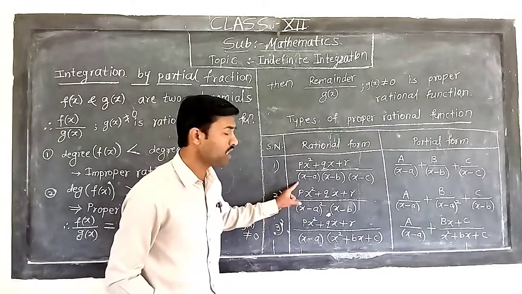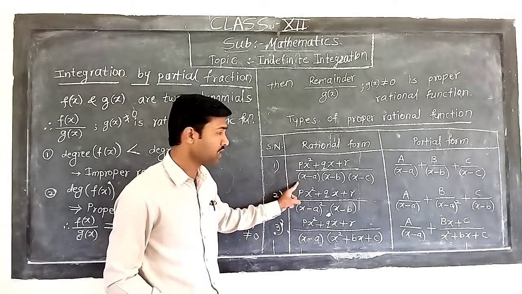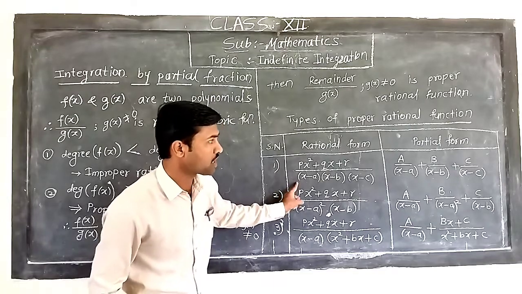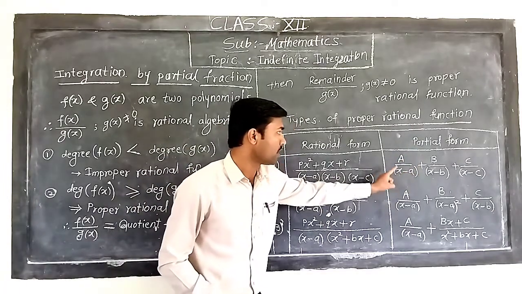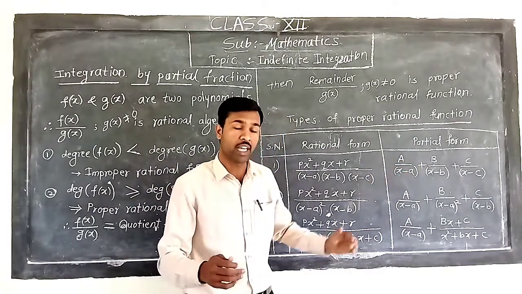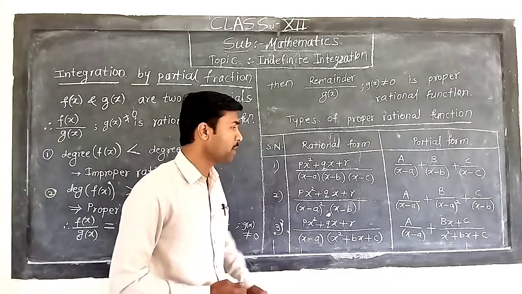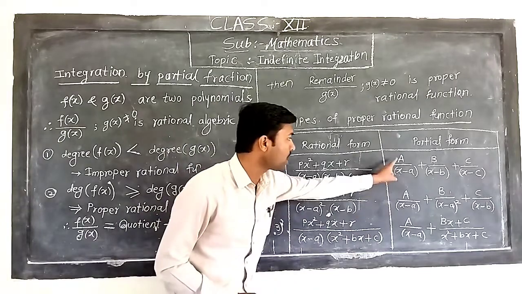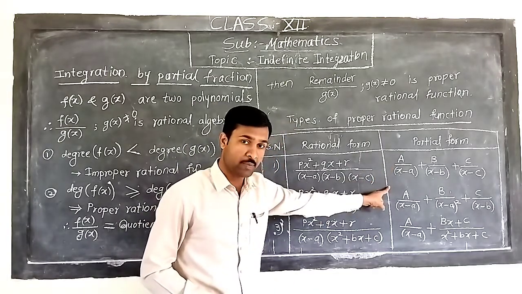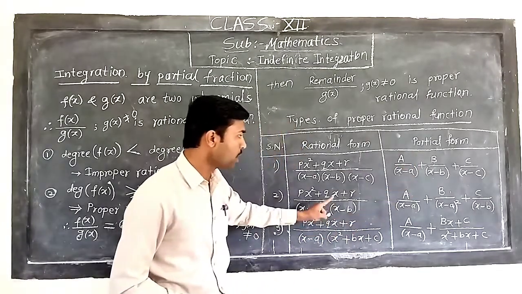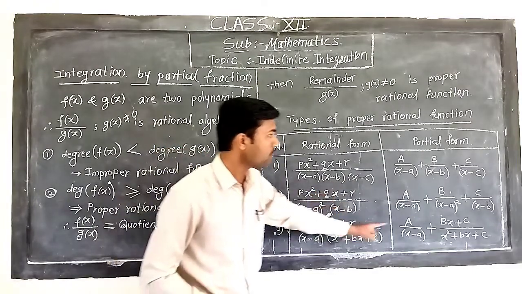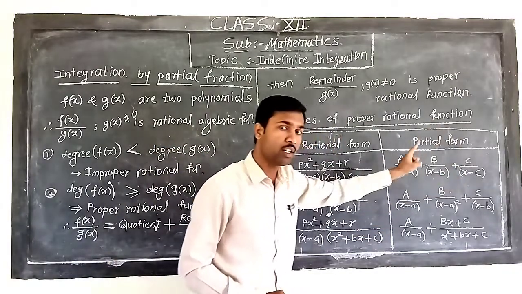And when there is a case like this, then we have to use partial fractions like this. We take constants A, B, C in capital letters, and write first constant upon first factor plus second constant upon second factor plus third constant upon third factor.